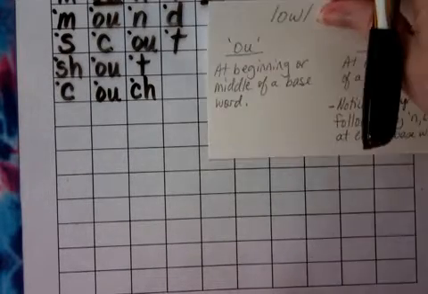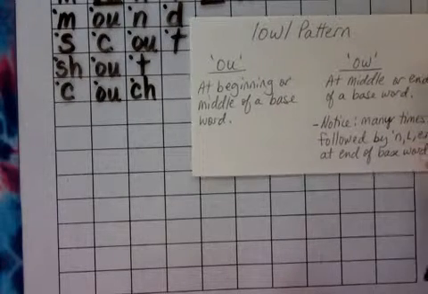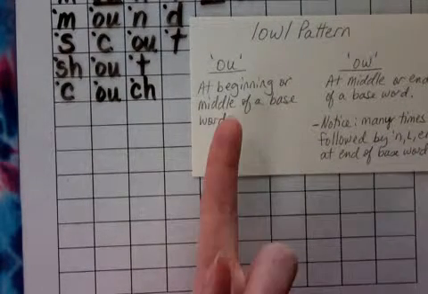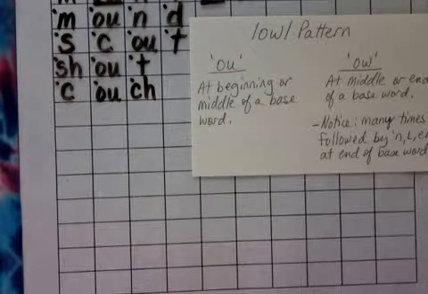Alright, so all of these words that we've worked on so far have had the ow sound in the middle. Now the next two words are going to have the ow at the beginning of the word. And because y'all are going to memorize this card, right? Ow at the beginning of a base word is going to be spelled with the OU.